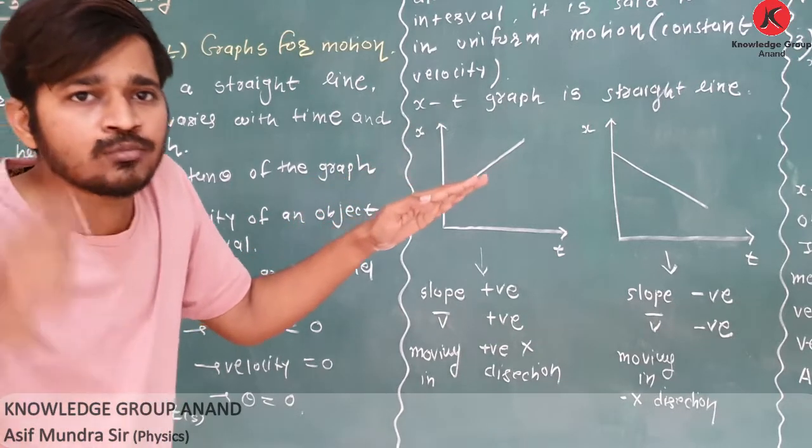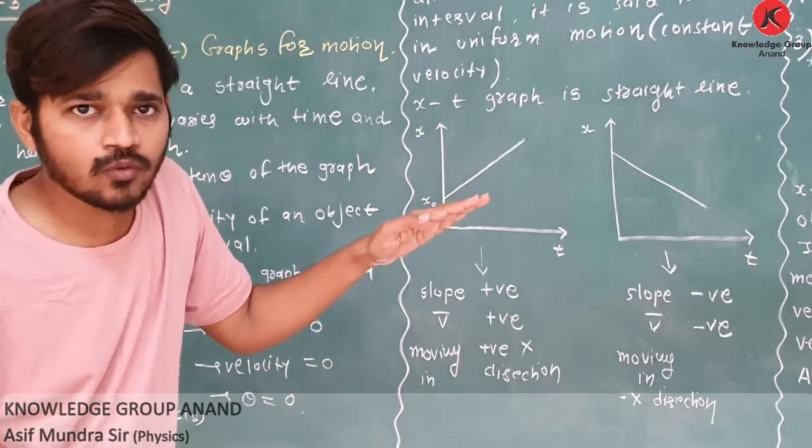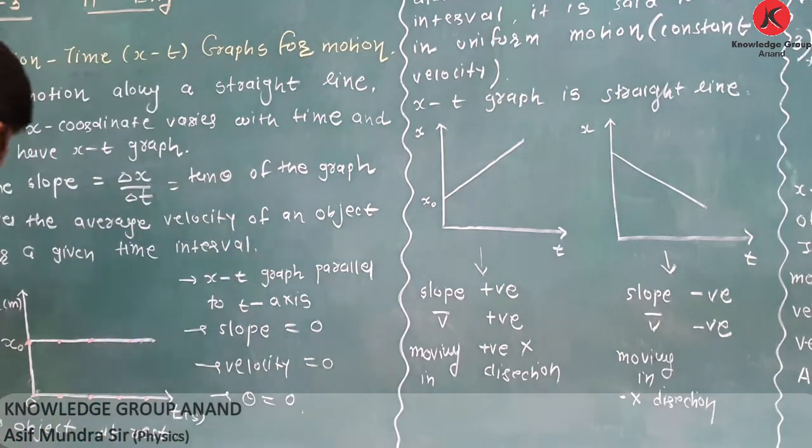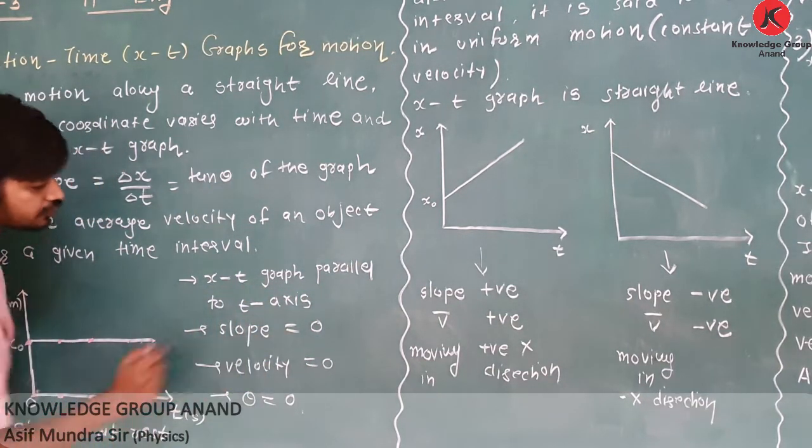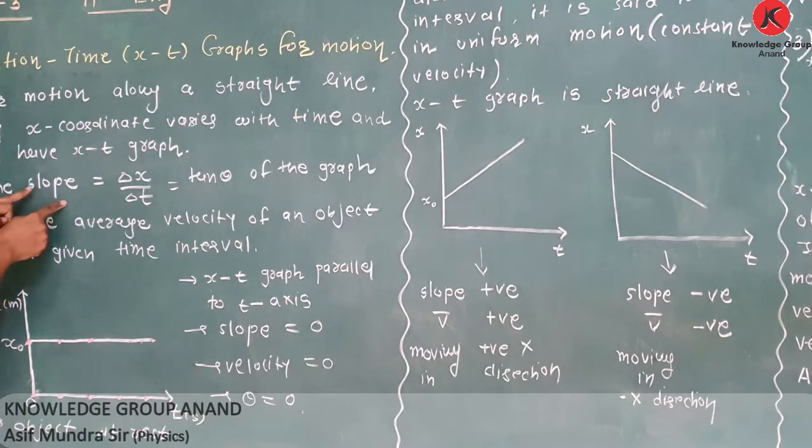Now the x-t graph is parallel to the time axis. Slope is 0. So if slope is 0, then its average velocity is also 0 because the angle made with the time axis is 0.